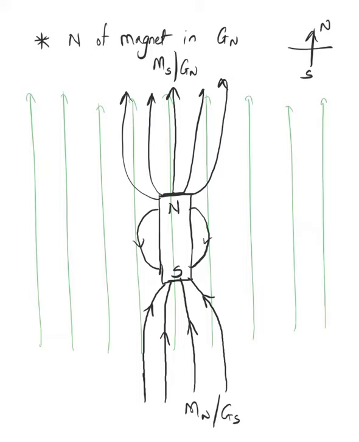Now see, something interesting happens out here. Look. When these lines I've just drawn are going from north to south out here, you can see that from here also there are lines going upwards.